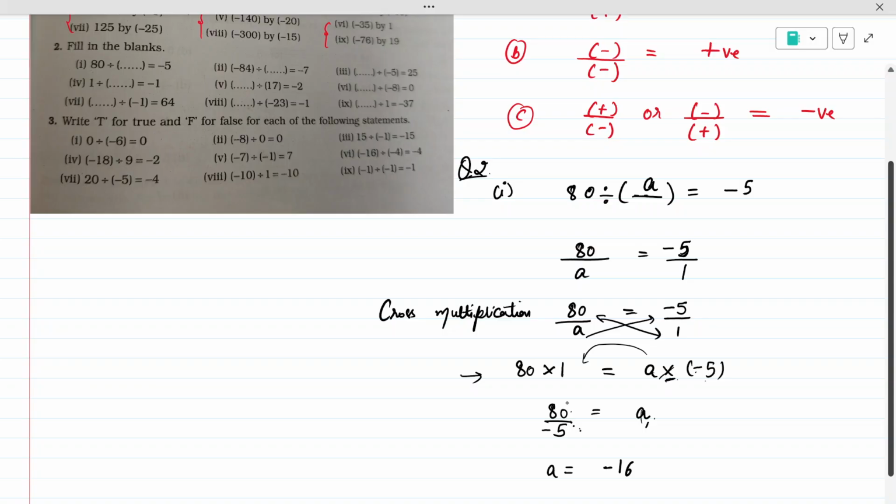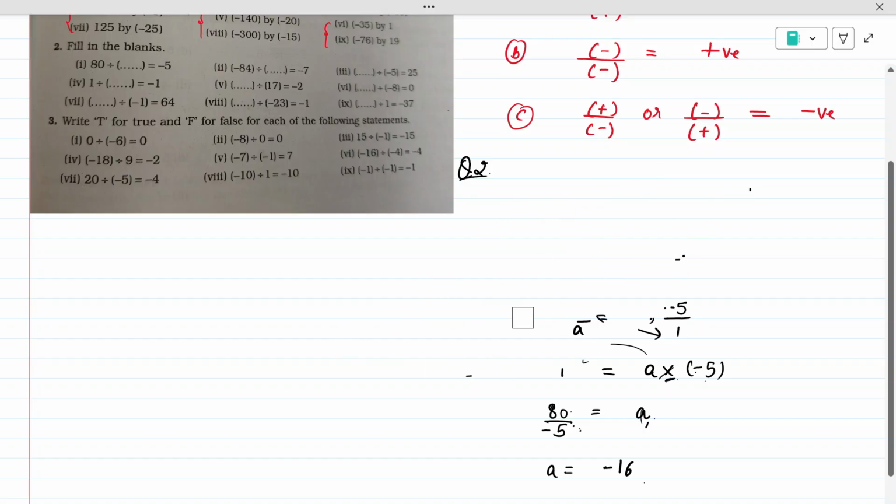Okay, and now we can solve this, and we have got the value as minus 16 here. So similarly, we can solve the other questions also. I am picking a few more questions of this second question. Okay, this is important, and these will be very much used going forward.